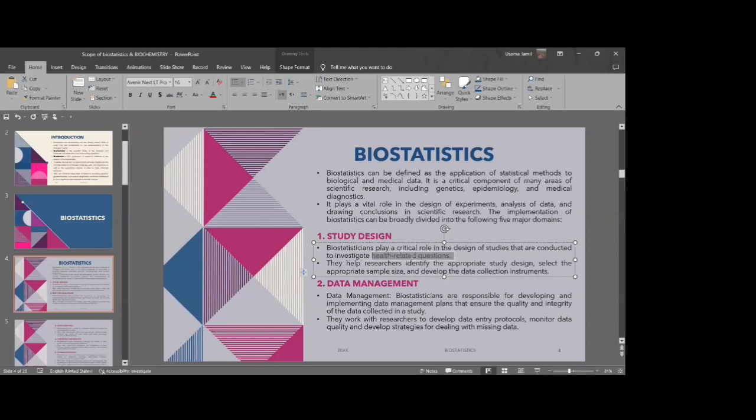This part of the disease comes in under the biochemistry.